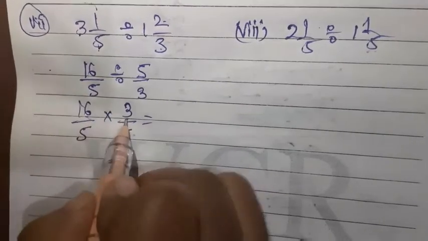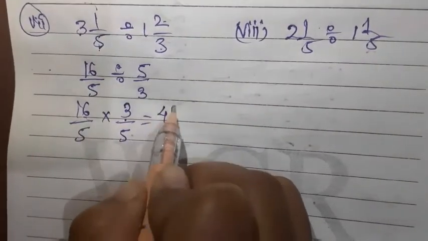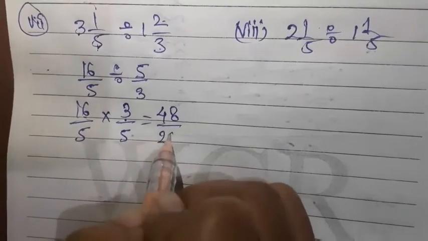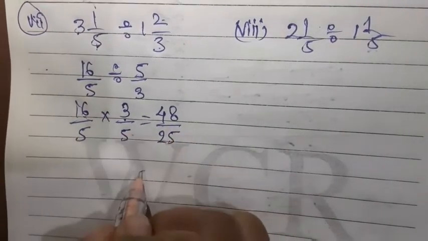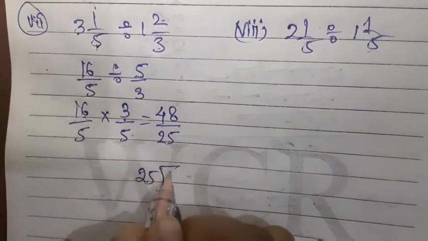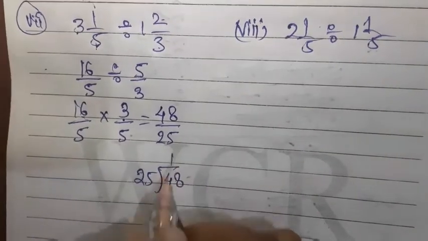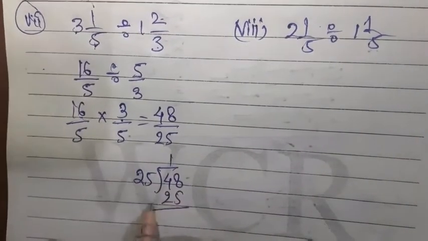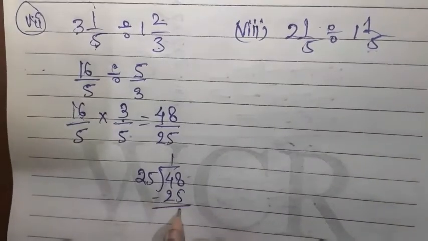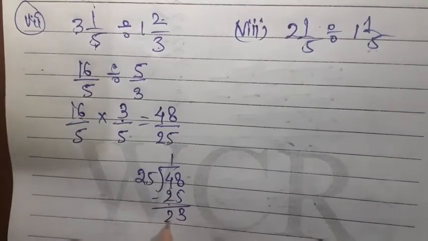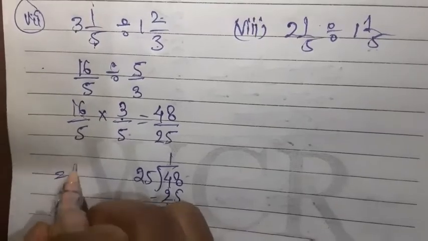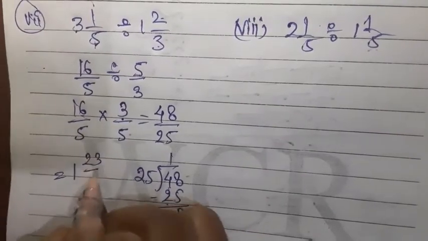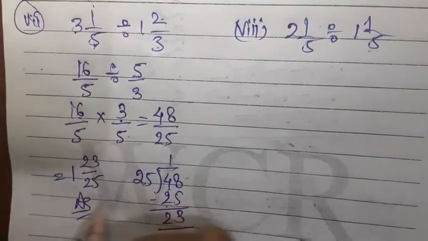So here 16 times 3 is 48, and 5 times 5 is 25. Change into a mixed fraction. So 48 divided by 25. 25 times 1 is 25, and 8 minus 5 we get 3, and 4 minus 2 we get 2. The answer is one whole number 23 by 25.